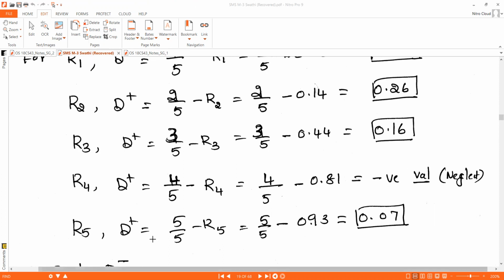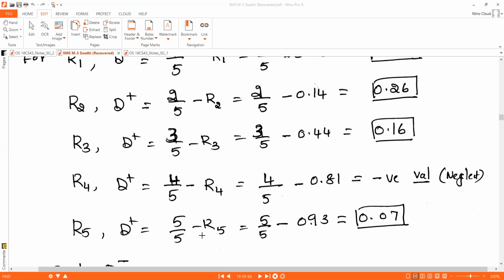Okay, next, when i equal to 5, we need to find the d plus value. When i equal to 5, how will the d plus formula become? That is i by n minus Ri. i is equal to 5. Wherever i is there, we need to substitute 5.